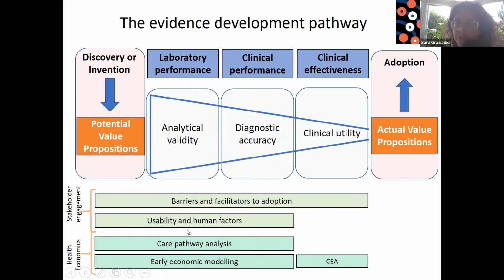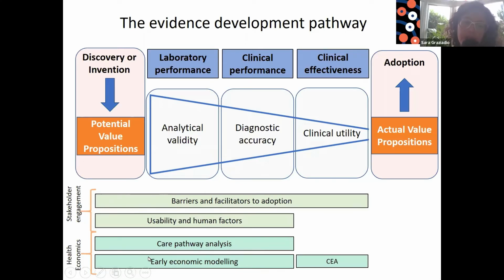The care pathway is really the journey of a patient into the healthcare system, where we can understand what is happening now, what the clinical need is, and how your technology could help to solve an existing clinical need. Again, this is covered on Friday by Amanda from our MIG, and this feeds and informs the early economic modeling.